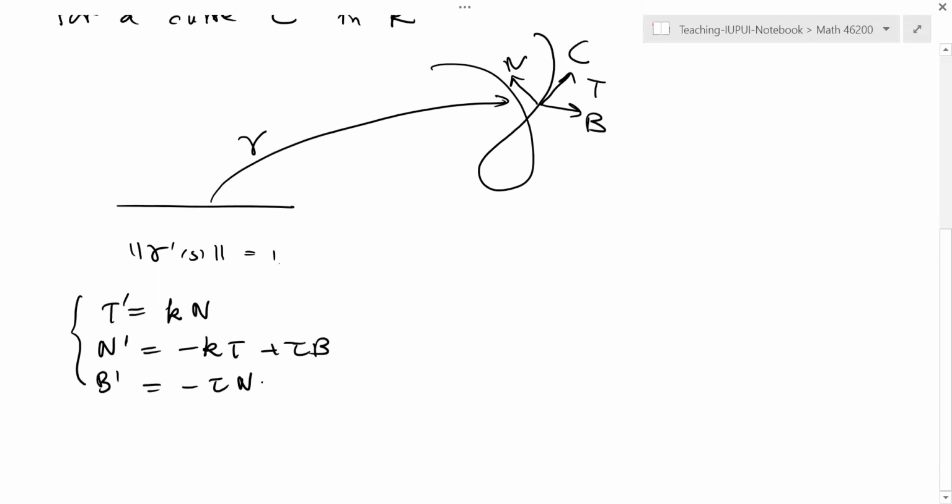So you have two quantities, k and τ. τ is called torsion, k is called curvature. Those are two independent quantities.